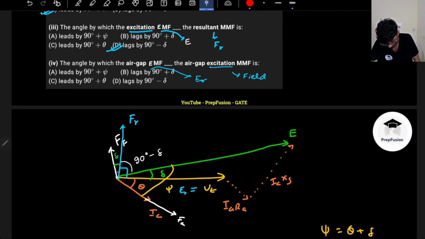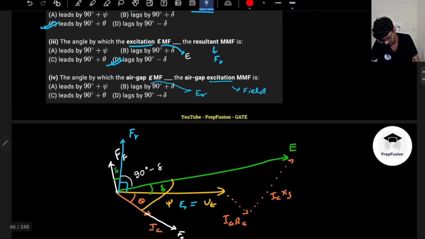This whole angle is 90, and this angle is delta. They're asking what is the angle between ER and FF. So it will be 90 plus delta, and ER lags the air gap MMF by 90 plus delta. So option B will be correct.